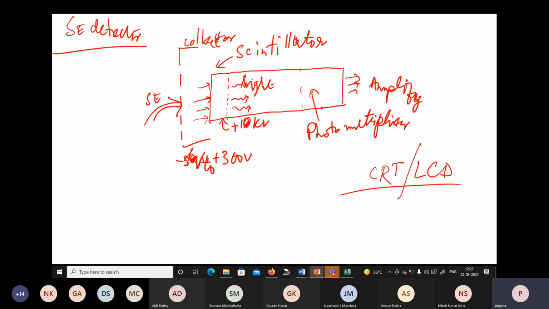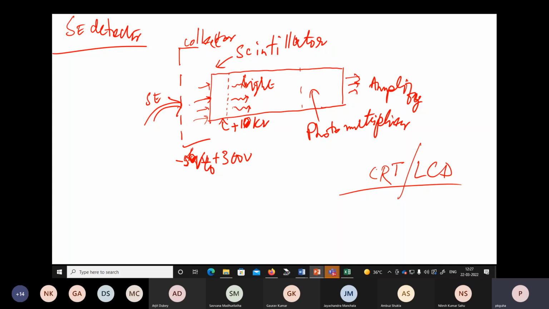As I said, the secondary electron is very sensitive to the surface. Only if it is very close to the surface will the secondary electron come out. If there is a nano protrusion, more secondary electrons come out. If there is a flat surface, fewer secondary electrons will come out, and clearly there will be a distinction or contrast between a nano protrusion and a flat surface, and you can then recreate the image of the surface.